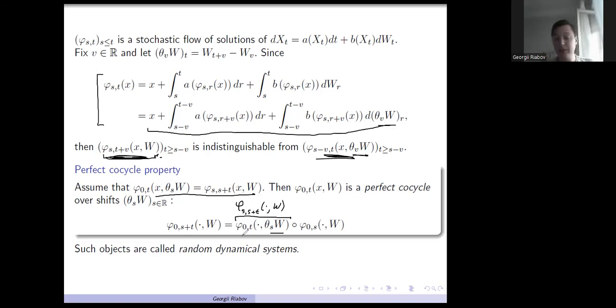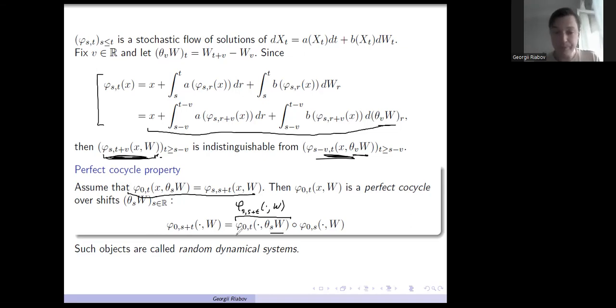When we have this equality, we get more understanding of the structure of random mappings phi_{st}. In fact, we have not a two parametric family of mappings, but a one parametric family of mappings.